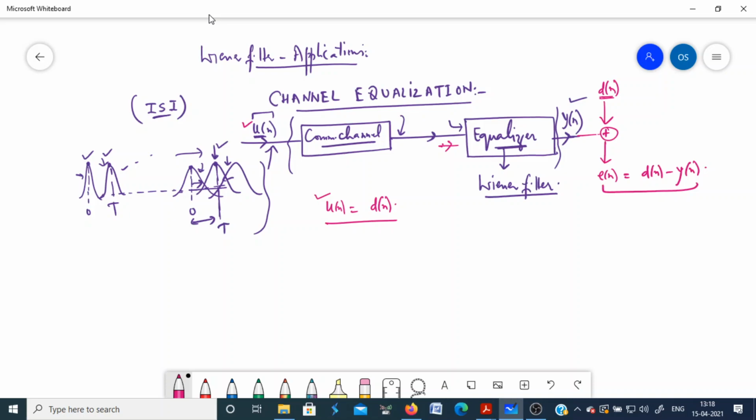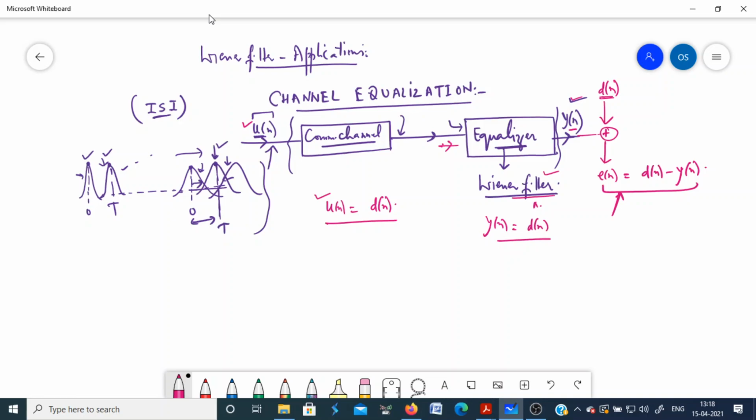Now when you minimize this mean square error en, when the error is minimum, it means your yn is a very close approximation of dn. So yn basically provides an approximation of this desired response. And when the Wiener filter operates in the optimum sense, or when it minimizes the mean square error, at that point this yn will be a very good approximation of dn.